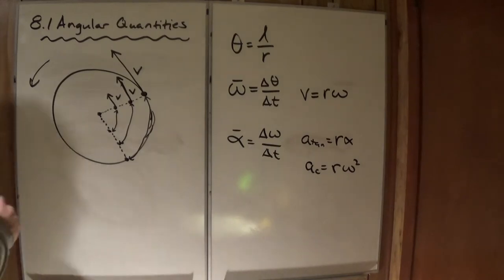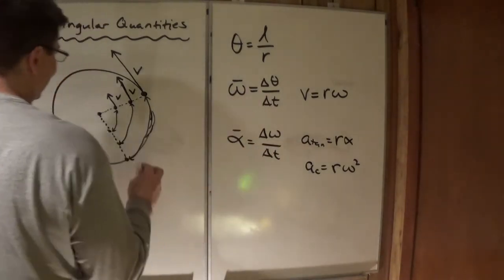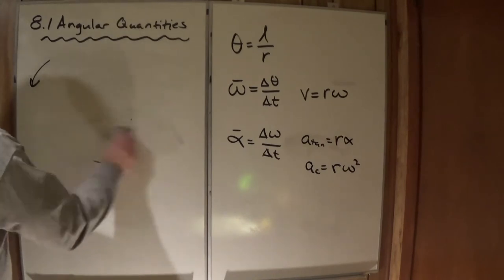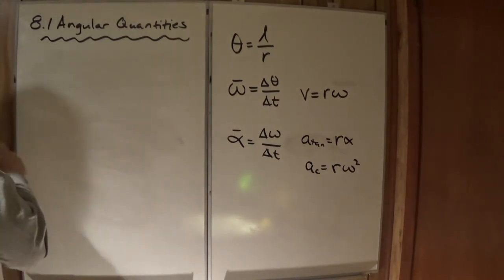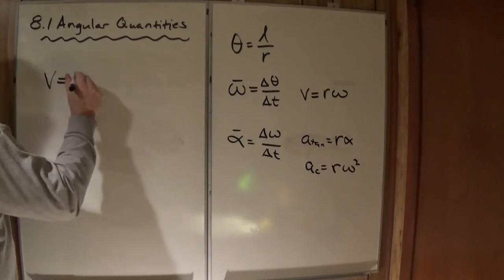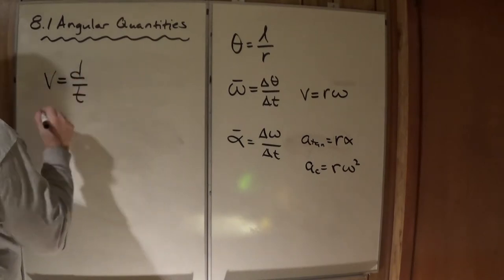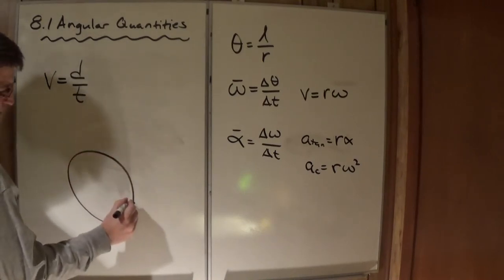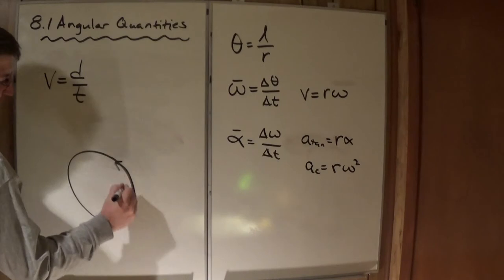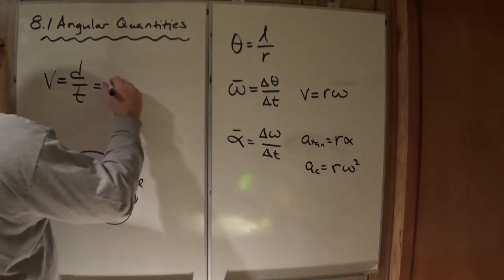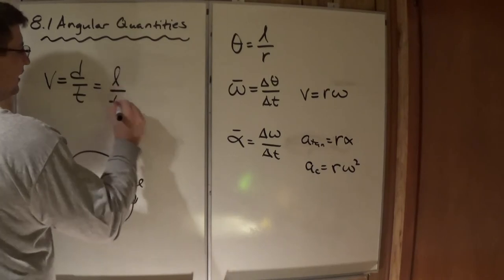Now, how does the angular velocity relate to the tangential velocity? Well, if we can agree that the velocity is distance over time, and the distance from one point on the circle to another point is L, then that's equal to L over t.